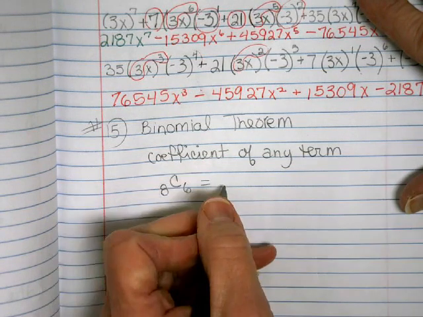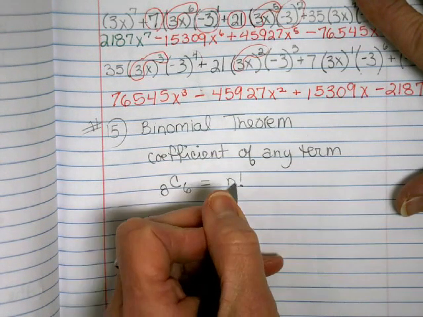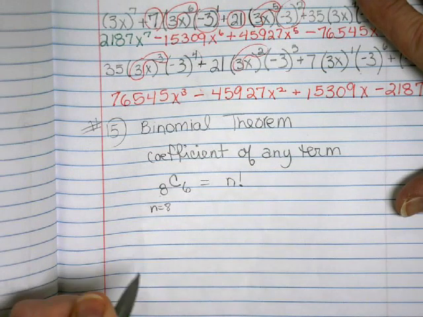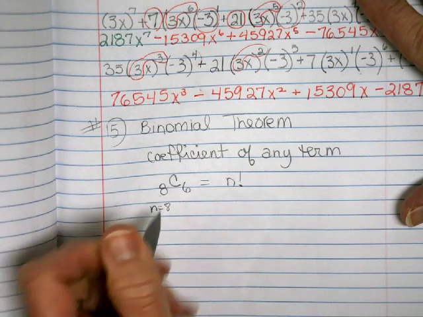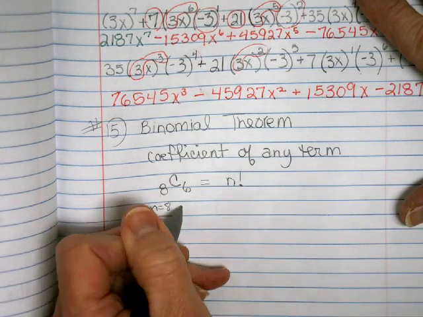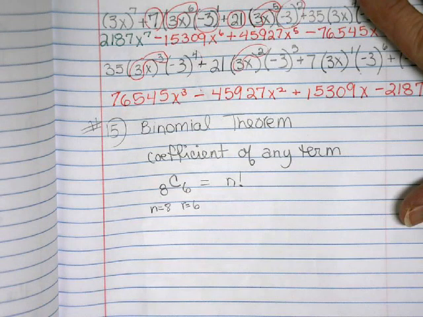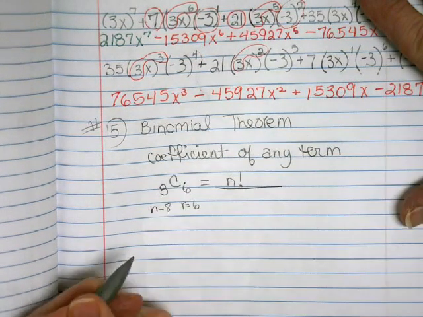You have to take the factorial of your n, remember n equals 8. That's your power. And then here, it's your 6 objects you're choosing from.